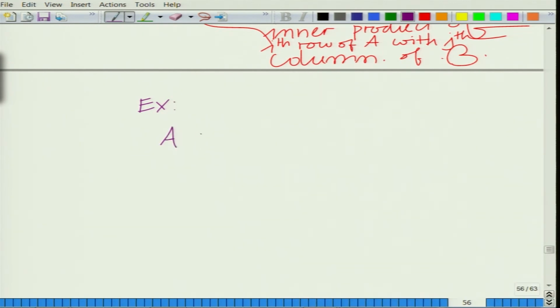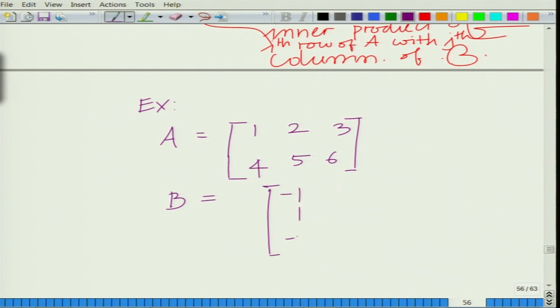For instance, let us say we have A equals the matrix 1 2 3, 4 5 6, and B equals the matrix minus 1 1, 1 minus 1, minus 2 1 3.